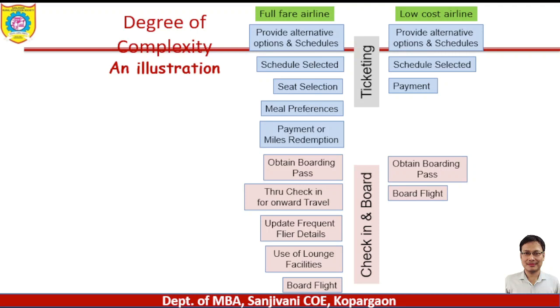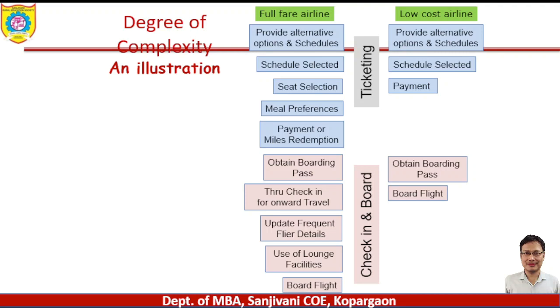In the low cost airline example, there are three steps in ticketing. It starts with providing alternatives and schedules to the customer, and the customer is given the second option to select the schedule and then make the payment.